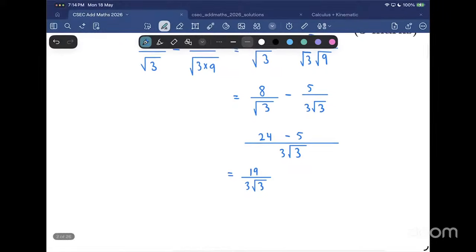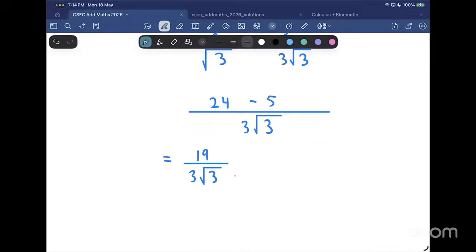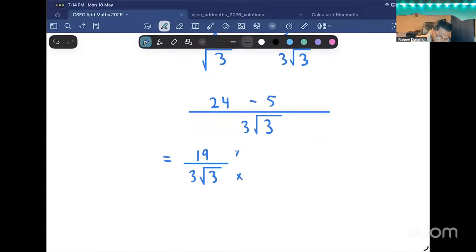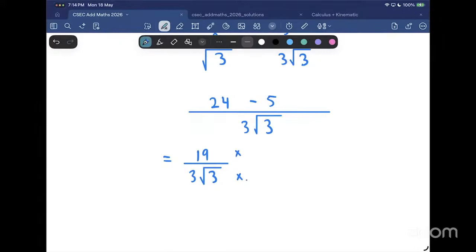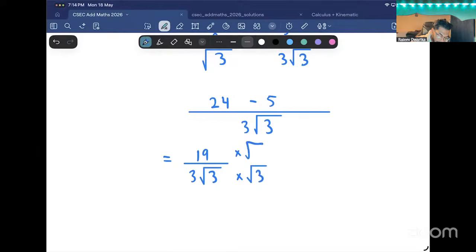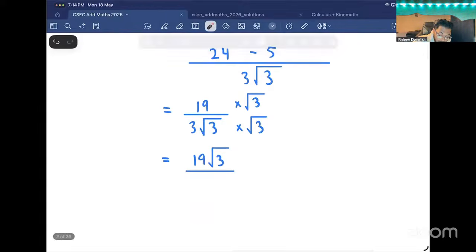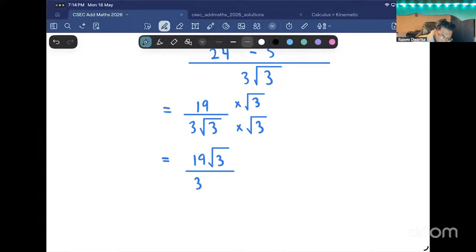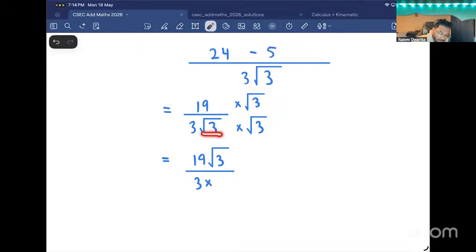No, you have to rationalize the denominator. To rationalize this, I can multiply the top and bottom by what? By root 3. Right. Rationalize means we want to get rid of the root 3 in the denominator. So I multiply the top and bottom by root 3. That's going to result in 19 root 3, and in the denominator you're going to effectively have 3 multiplied by root 3 by root 3.